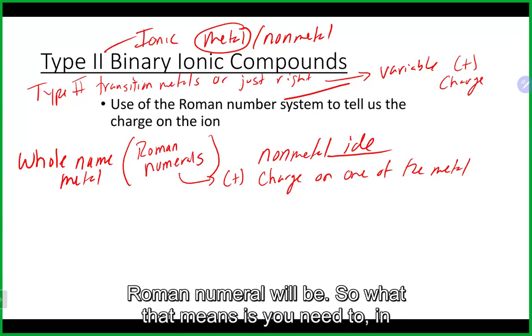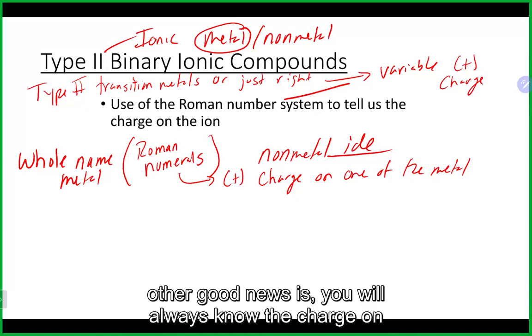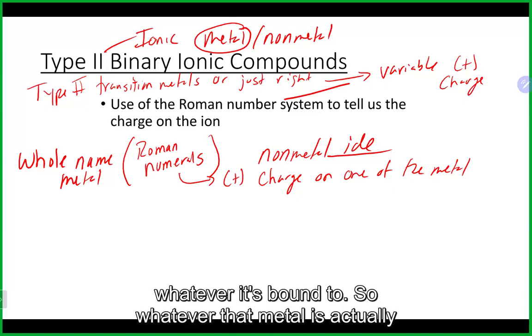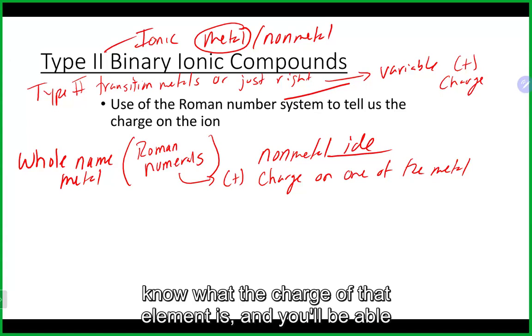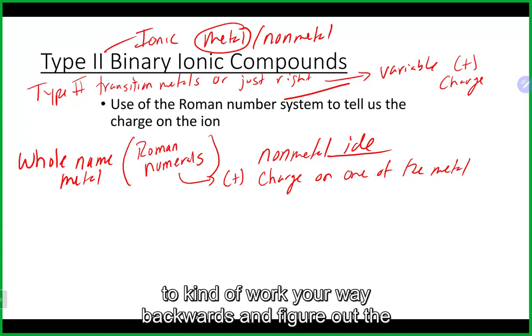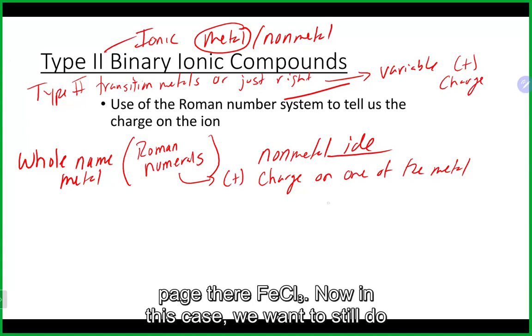So in these cases, you need to figure out what the charge is on that metal. The other good news is you will always know the charge on whatever it's bound to. So whatever that metal is actually bound to in these type of compounds, you will know what the charge of that element is, and you'll be able to work your way backwards and figure out the charge of the metal. So for example, the one I think that was on the page there, FeCl3.